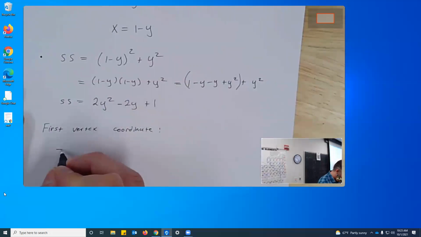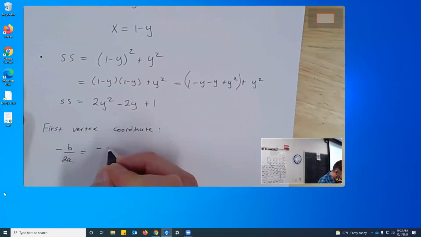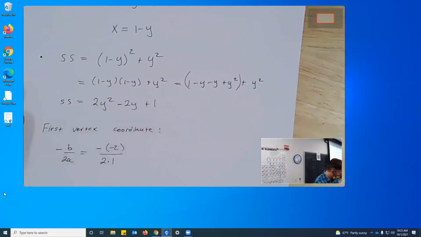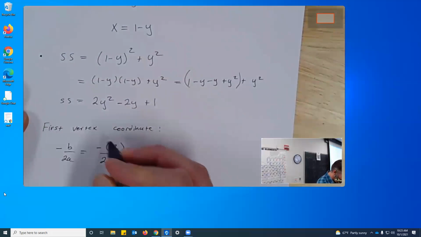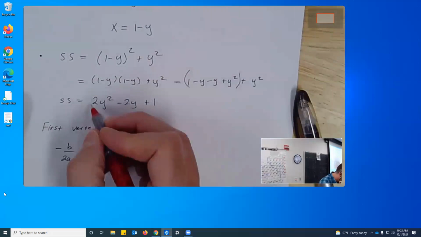Negative B over 2A is going to be negative negative 2 over 2 times 1. I feel like I'm making it, no, whoa, it's not that. What is it really? Right, I should have 2 times 2, not 2 times 1. My A value is definitely a 2, not a 1.